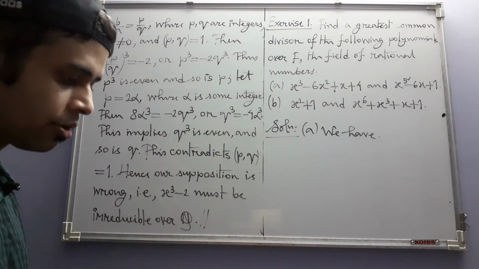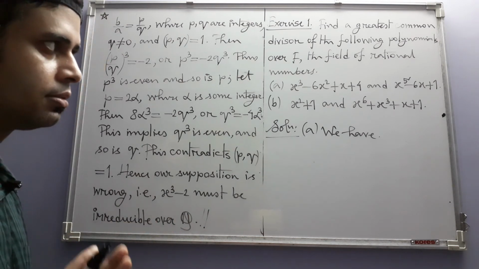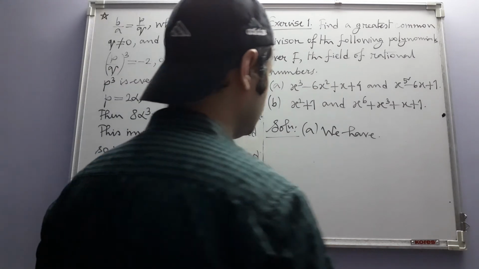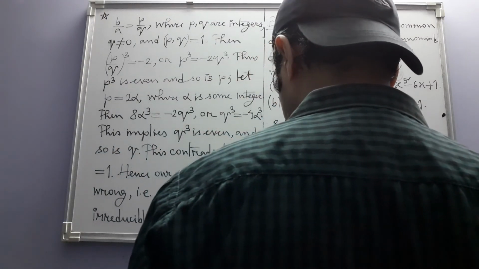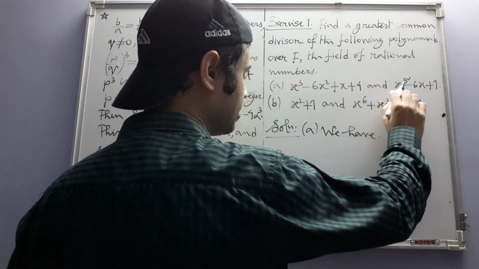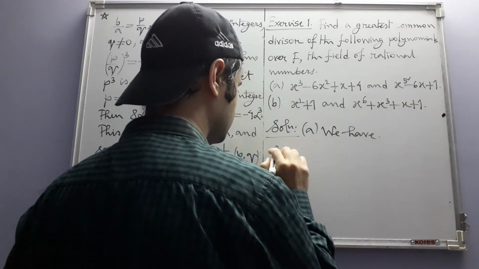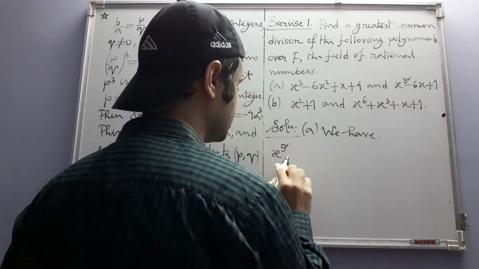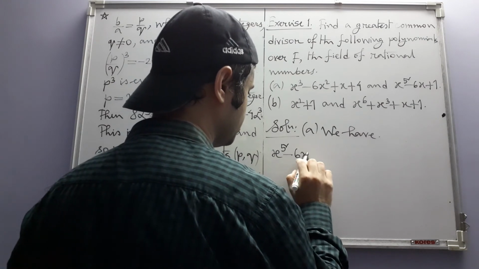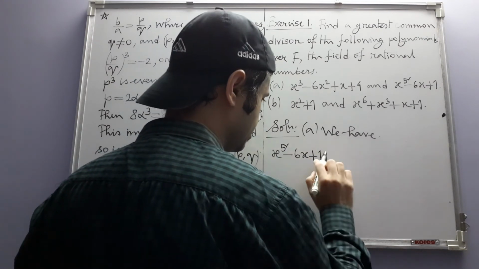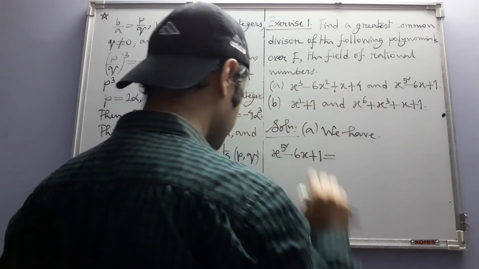The first non-zero remainder is a GCD. So we carry out the divisions, and since this one has degree 5, we consider it to be the polynomial which is to be divided by this polynomial.